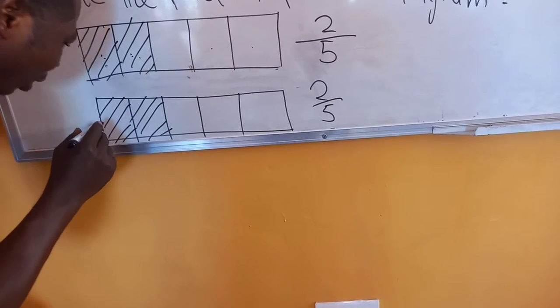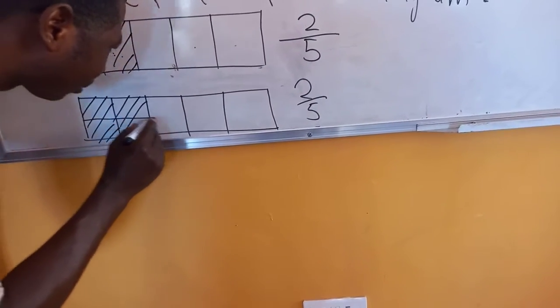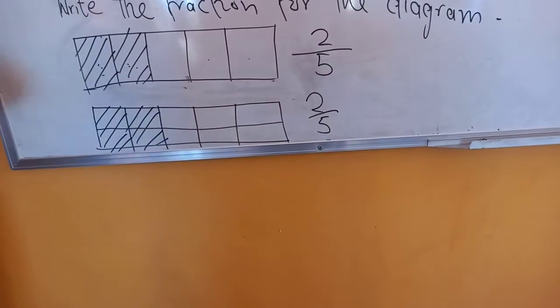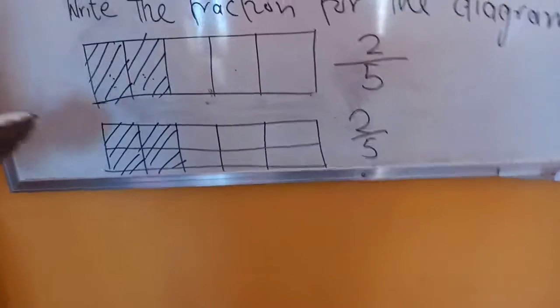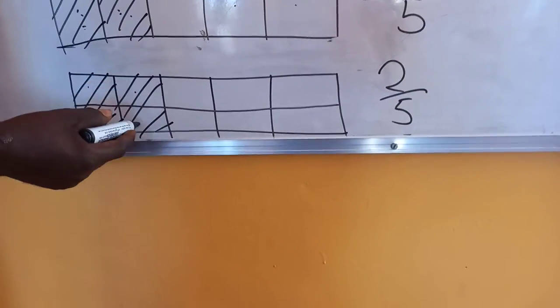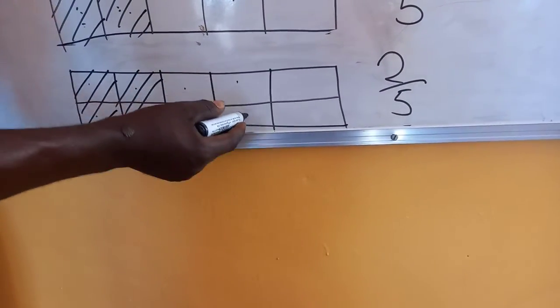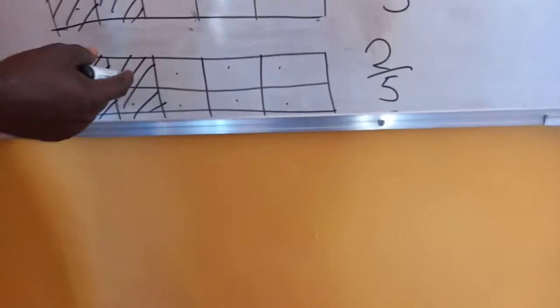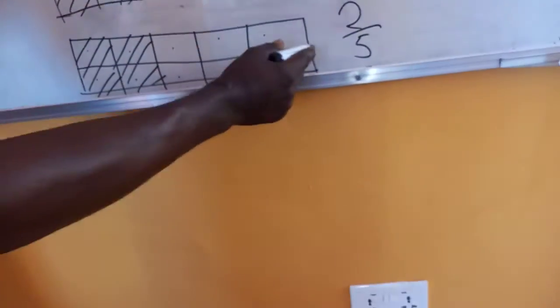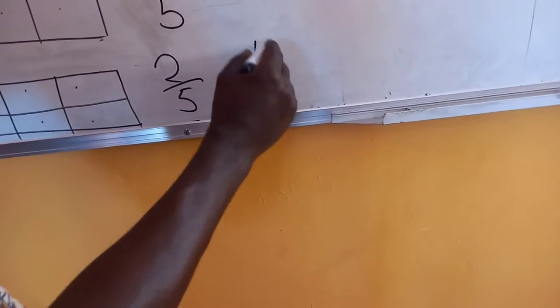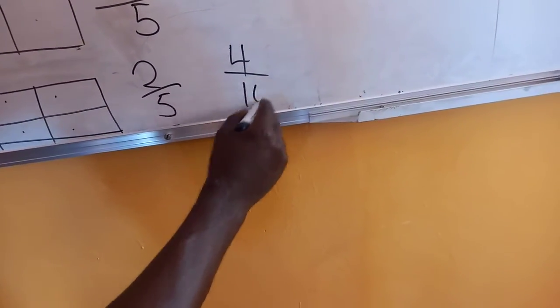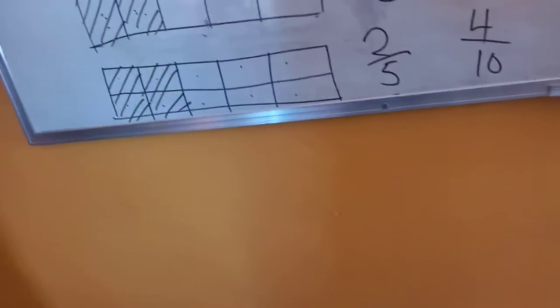But now count it again for me. 1, 2, 3, 4, 5, 6, 7, 8, 9, 10. So the same fraction, I just divided into 2 parts. I have got 4 out of 10.